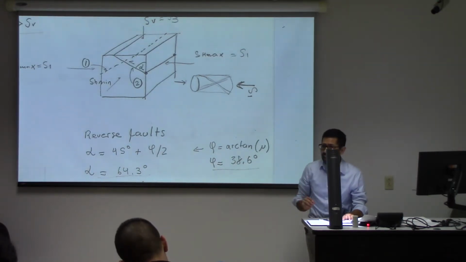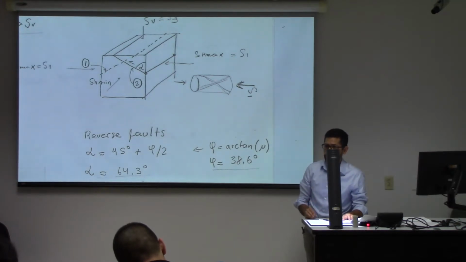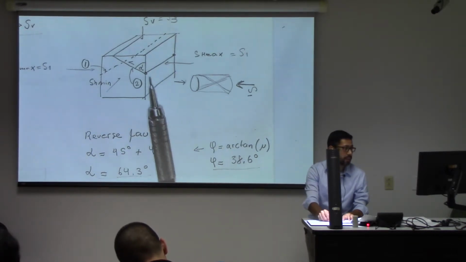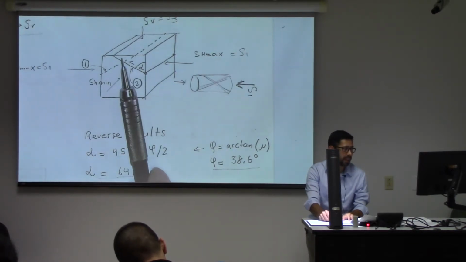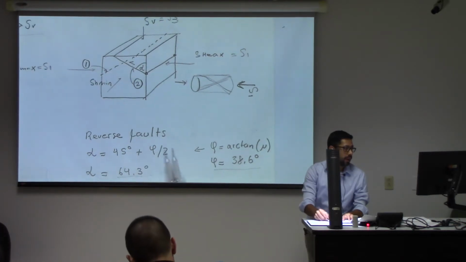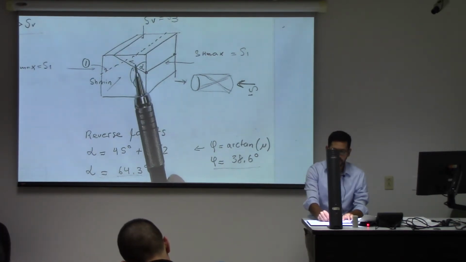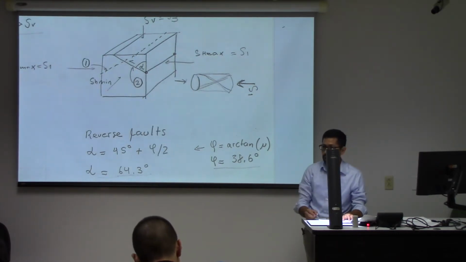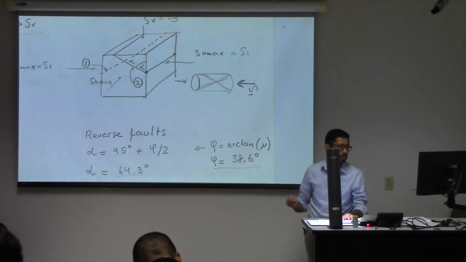But remember that that angle is not necessarily the dip. That angle can be the complementary angle of the dip, as in this case. The dip is not that angle, the dip is going to be 90 degrees minus that. So it's going to be that angle over here. And in cases of strike slip, it's going to be related to the strike of the fault, not to the dip.